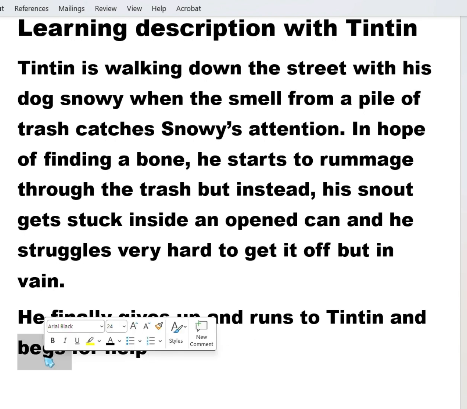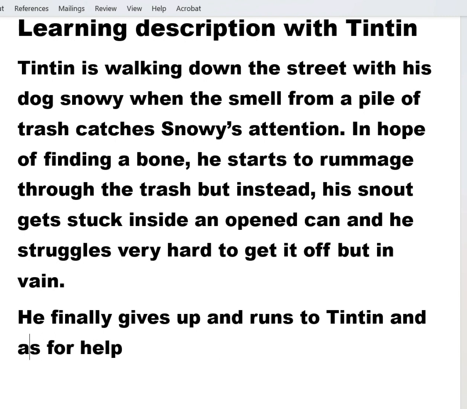We can also say asks for help. We can also change that runs to Tintin to ask for help.